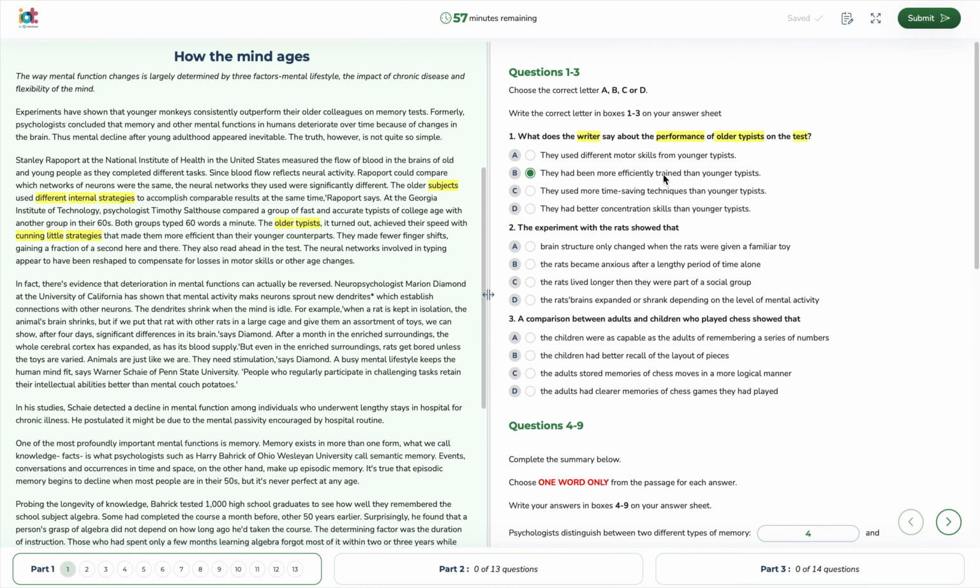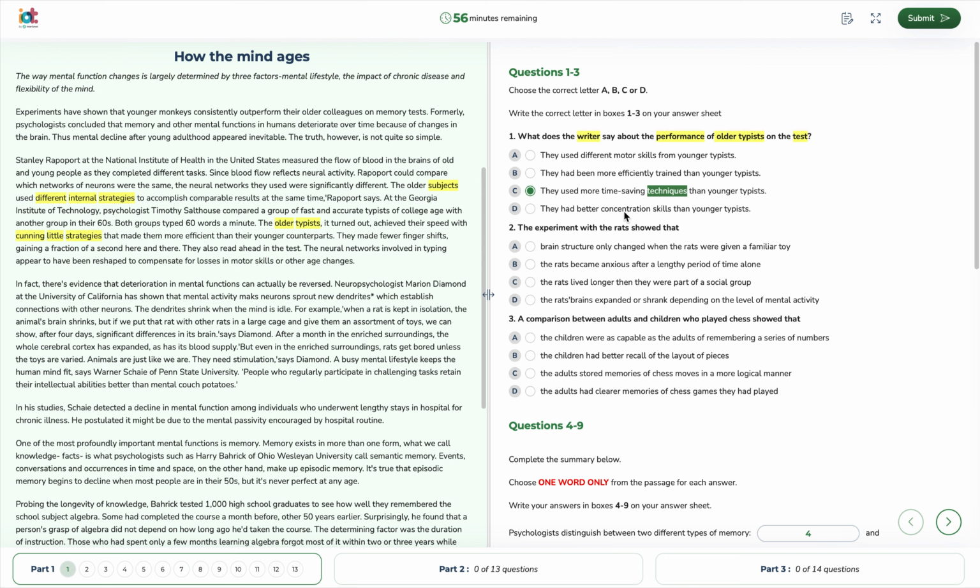So here we are going to use the elimination technique. There is nothing talked about training. They were not trained. They used their little strategies. So the answer cannot be B. And they didn't use time saving techniques. No, they used the cunning internal strategies which they have, so this option will also not be correct.